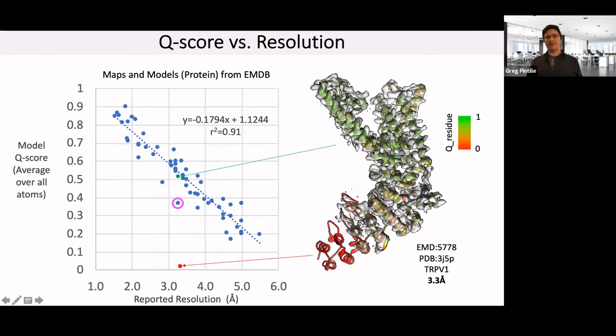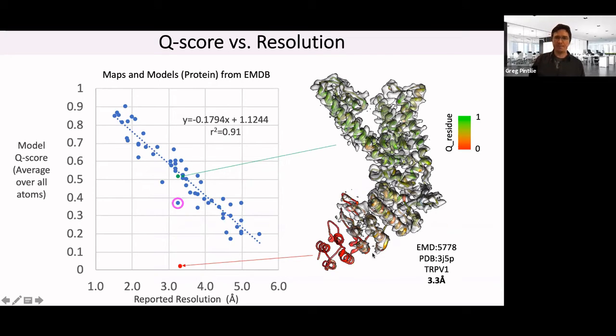So they might have masked only this part of the map, let's say. And so this part of the map actually has a Q-score that's more in line with what the expected Q-score for that resolution is, whereas another part of the map and model is not so well resolved. In that case, those Q-scores are much lower. So we end up with this average value in between.